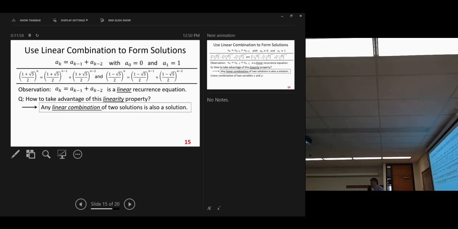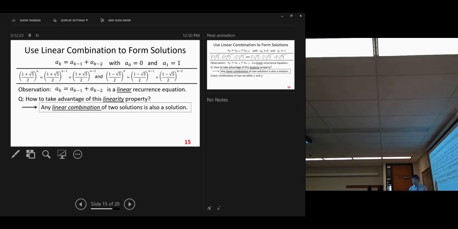Do you have the concept of linear combination? Not input and output: you are given vectors, and you use linear combinations to form another vector. Do you have that idea? Linear combination to form another vector from given vectors. Here, we change vectors to variables.